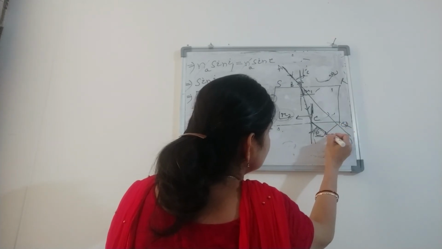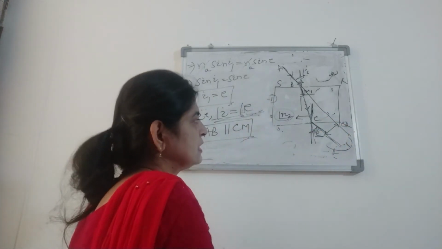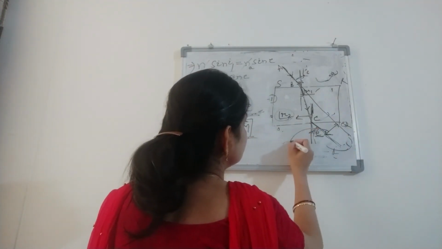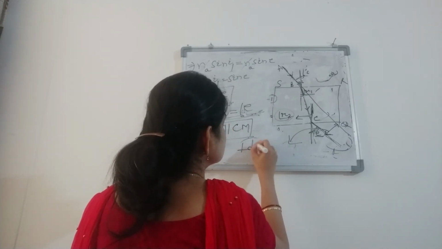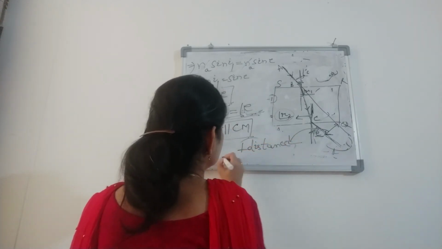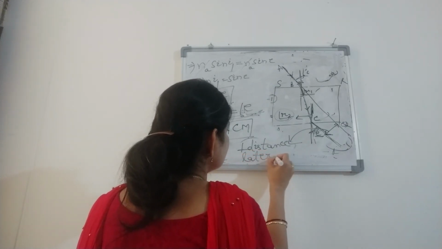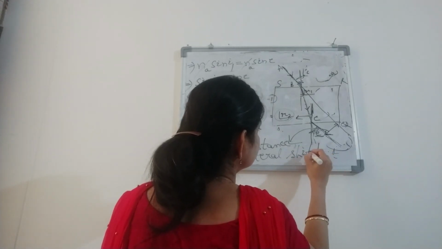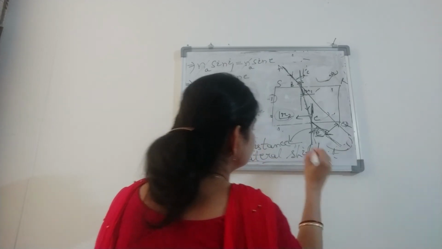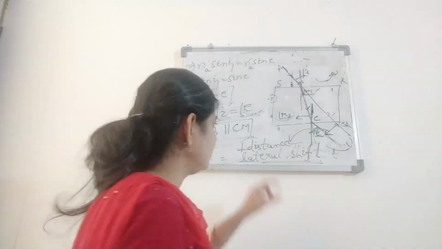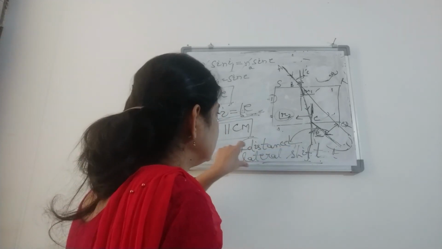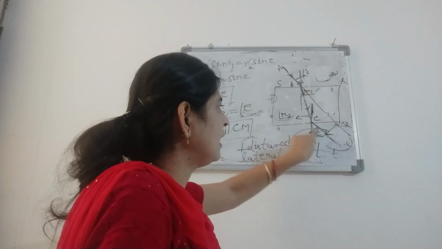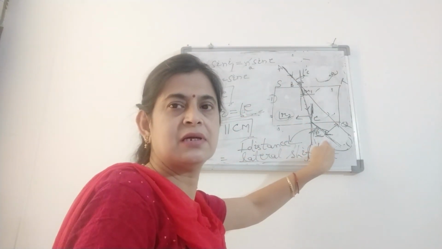If you join the perpendicular distance between these two rays, then this perpendicular distance is called your lateral displacement or lateral shift. So how can you define lateral displacement or lateral shift? It is defined as the perpendicular distance between your incident ray and emergent ray. Clear?